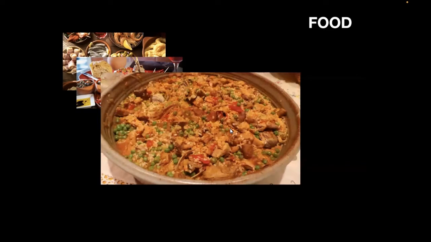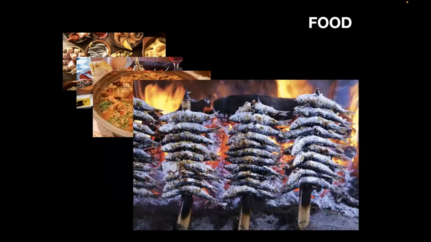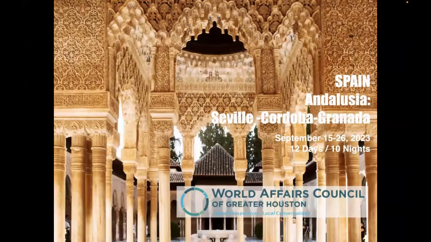And of course, sardines from the Atlantic, if you are a fan of sardines, as I am, you will enjoy these grilled sardines, or in different forms. They are really delicious. Bones and all, you can eat them, and they are all delicious.